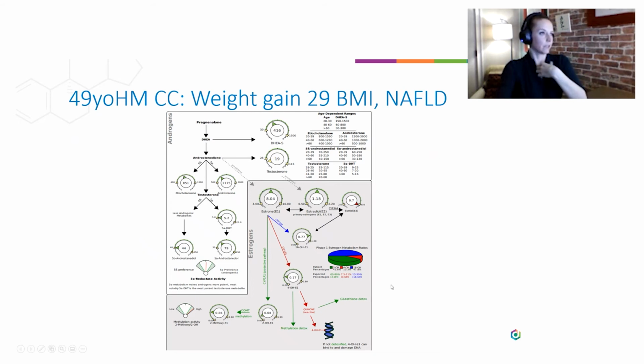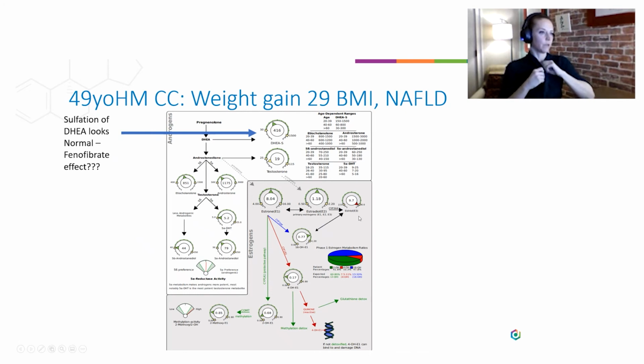So let's unpack this. Page 3 of the Dutch Plus. And here's where we can look at his DHEA sulfate right up here and compare it to his downstream metabolites of DHEA. He doesn't look to have a sulfation problem at all. And my guess was that this was a fenofibrate effect. Fenofibrate is a PPAR alpha activator, and that leads to lipolysis and triglyceride elimination.